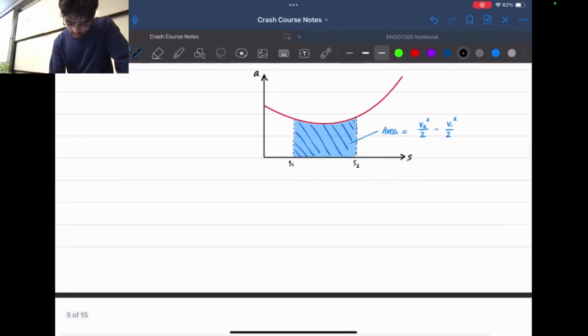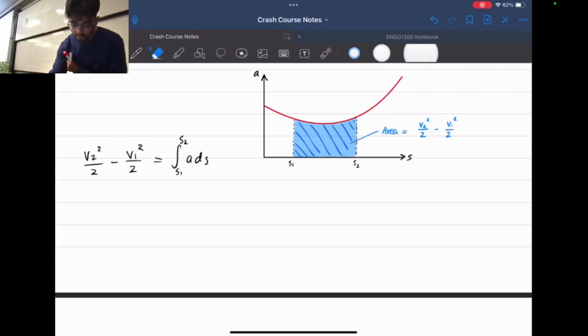So we have v2 squared over 2 minus v1 squared over 2 is equal to the integral from s1 to s2 of a ds. Right? Now, if our acceleration is constant, and you've ever integrated a constant before, like 2dx, we know this is just equal to 2x.